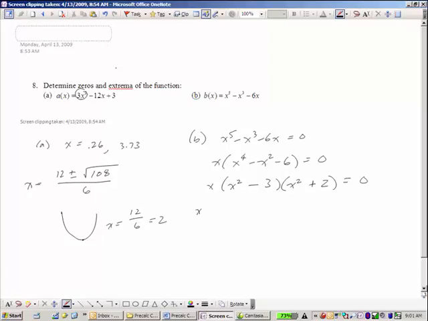Either x equals 0, or x squared minus 3 equals 0, or x squared plus 2 equals 0. x equals 0, or x equals plus or minus root 3. What about x squared plus 2 equals 0? That doesn't work. Those are imaginary roots. So this function, x to the 5th minus x cubed minus 6x, has a zero at 0 and at plus or minus root 3.